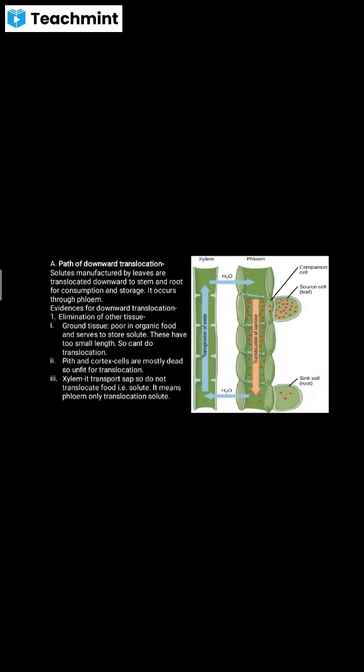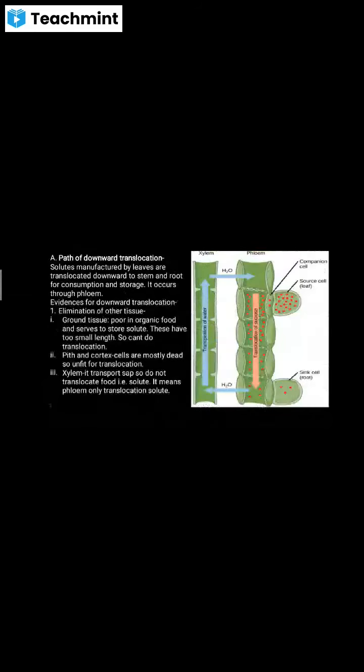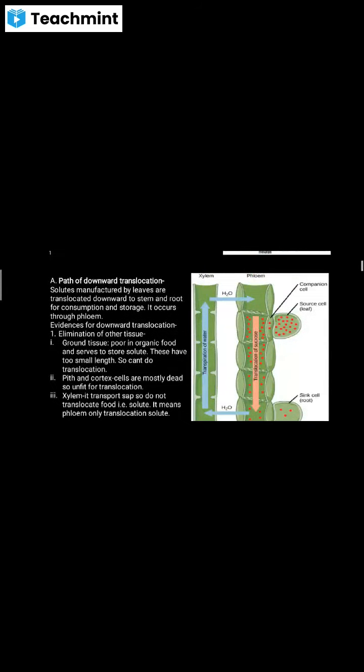So xylem can only transport water, and phloem can transport the solute. So only the phloem can translocate the solute material, that is food material, and the transport of water takes place through the xylem, by upward translocation.